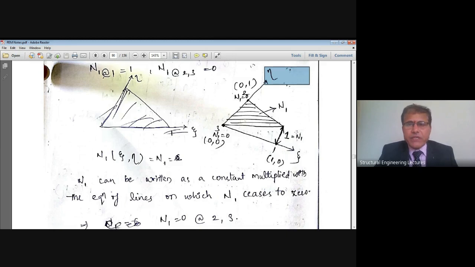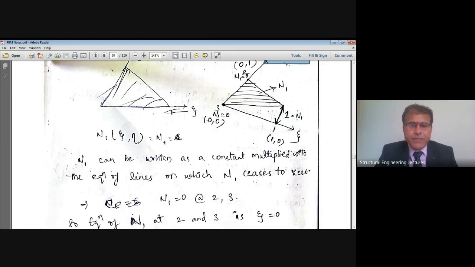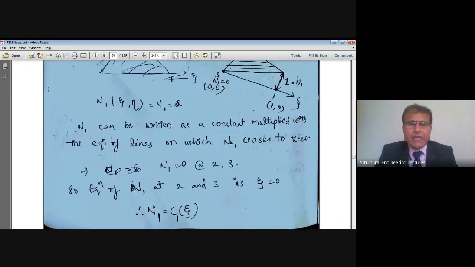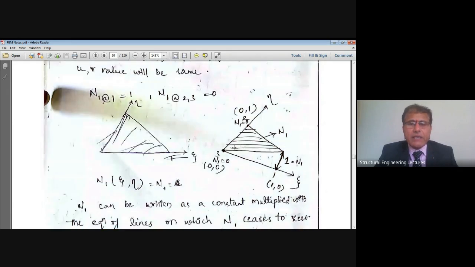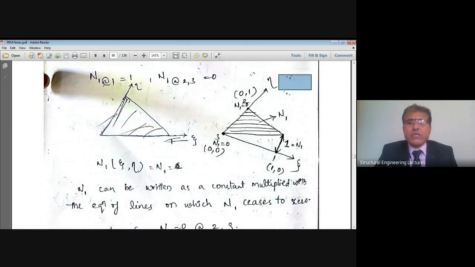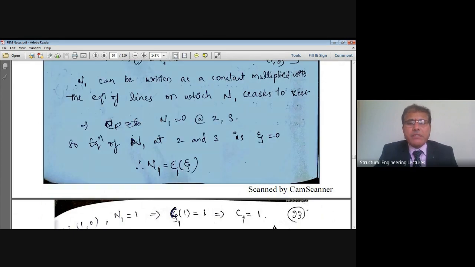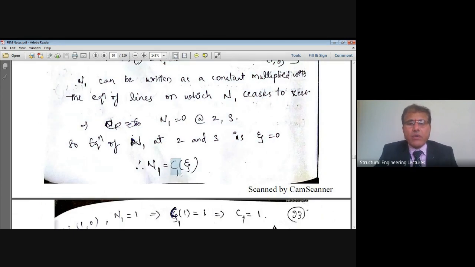Means the shape function n1 can be written as the equation of the line connecting 2 and 3, which is xi equal to 0. It won't become 0 on other lines. Therefore, xi multiplied by some constant c1, for node 1, right?